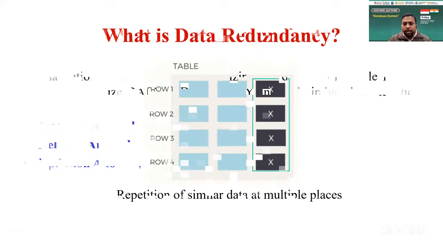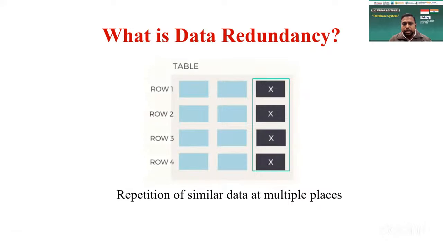First is data redundancy. Data redundancy is nothing but a repetition of similar data at multiple places. A database is just a collection of tables, and a table is in the format of rows and columns. So repetition of similar data at multiple places, like this highlighted cell that contains similar data, is a problem.